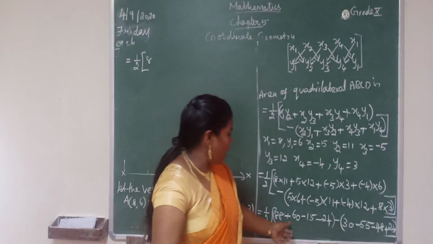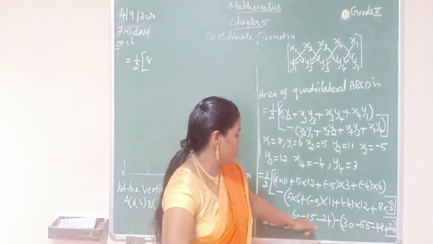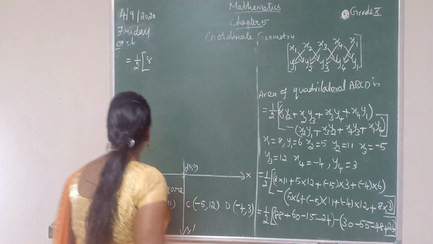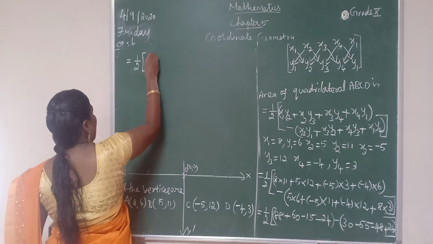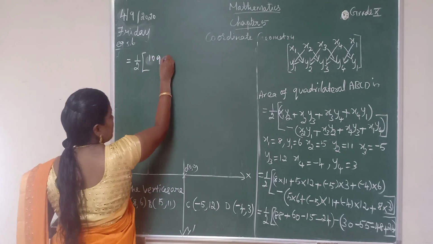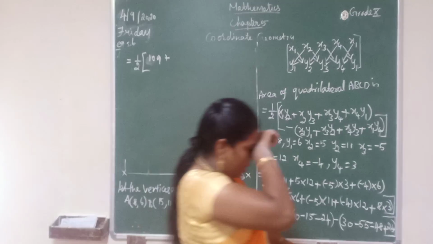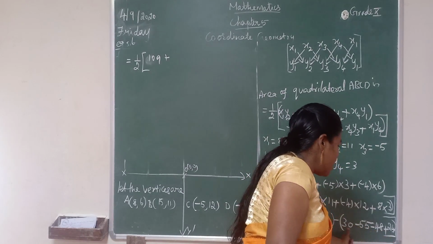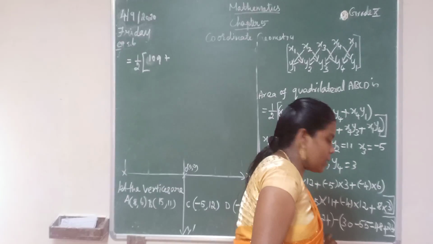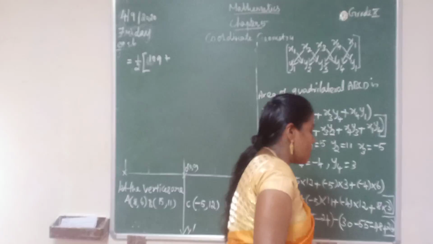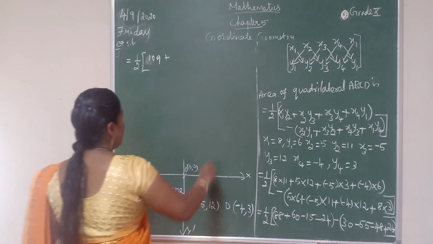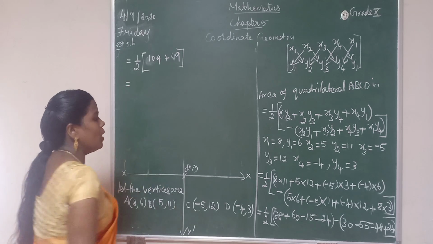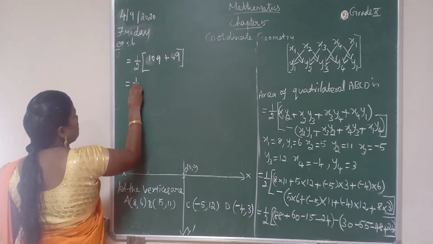Here 88 and 60 are plus, and these two terms are minus, so 148 minus 39 we get 109. In the second bracket, adding the plus terms and the minus terms together, we get minus 49.